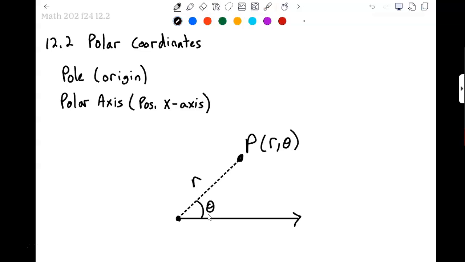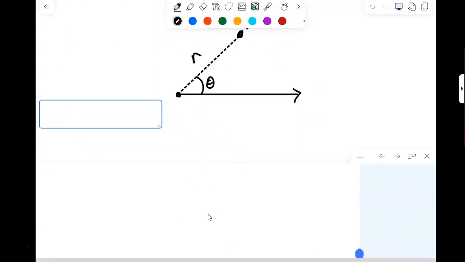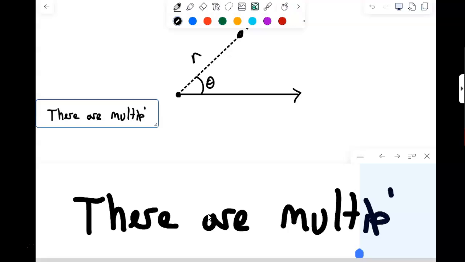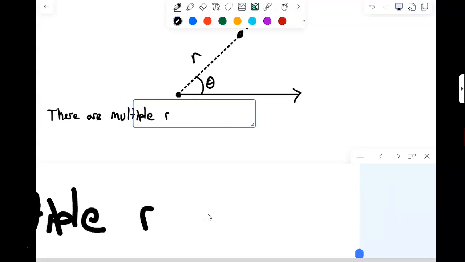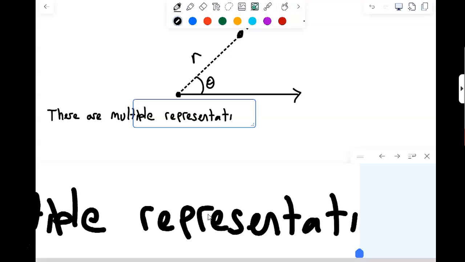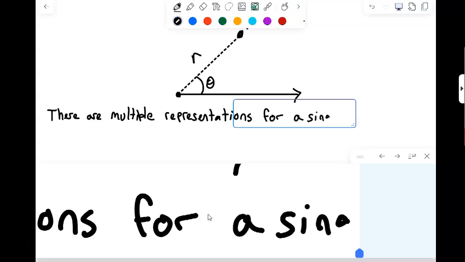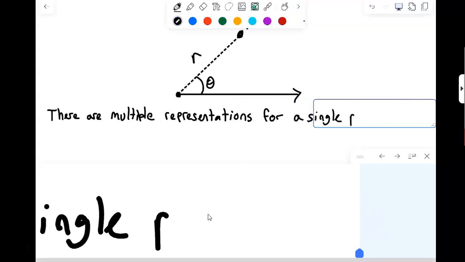Now, one thing that's important to note about polar coordinates, though, is that there are multiple representations for a single point.